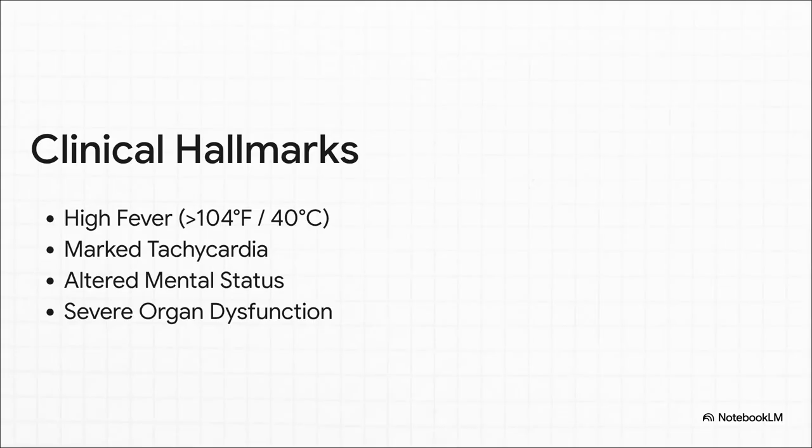And here's the really critical part. The diagnosis is purely clinical. There's no lab test that's going to flash thyroid storm. You have to recognize the pattern at the bedside. A patient with thyrotoxicosis who suddenly develops a raging fever, a heart rate that's way out of proportion, confusion or even a coma, and signs that their organs are failing. And it's almost always kicked off by some other stressor, like a bad infection or surgery.